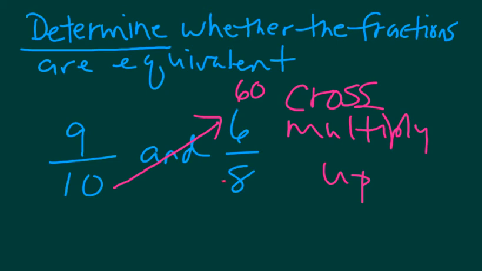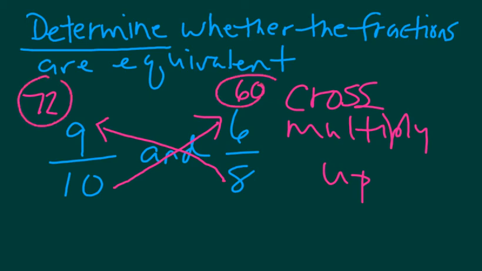And then I'm going to start at the bottom of the second fraction, the denominator, and cross multiply up. I'm going to say 8 times 9 is 72. Well, are those equal? Yes or no? Does 72 equal 60? No. So the answer would be no.